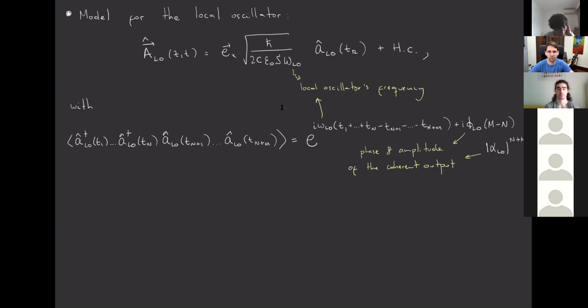Okay, so this is essentially the model that we can use for the output of a coherent source, for example, a laser or just a driven cavity, like we have seen, that actually comes from driving with a laser and so on. So this is the model for the local oscillator.